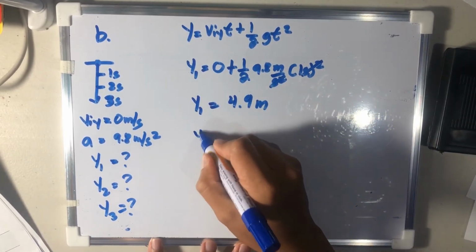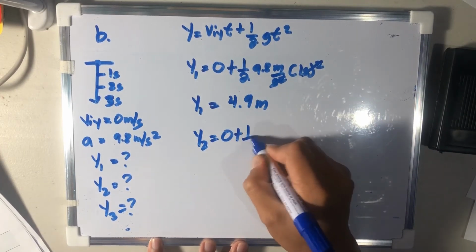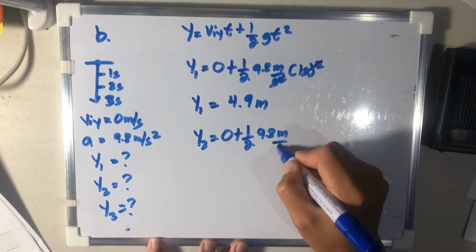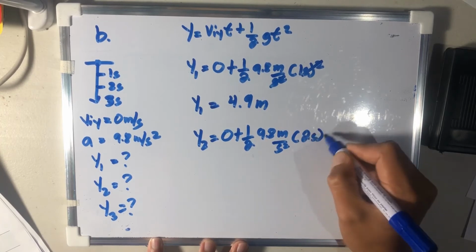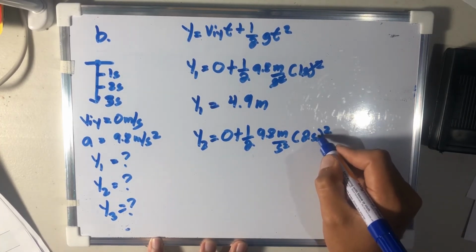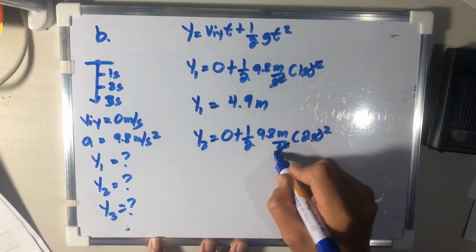Solving for y2. So this is 0 plus 1/2 times 9.8 meters per second squared, then that is multiplied by 2 seconds squared. Second squared here will be cancelled, and this one will also be cancelled.